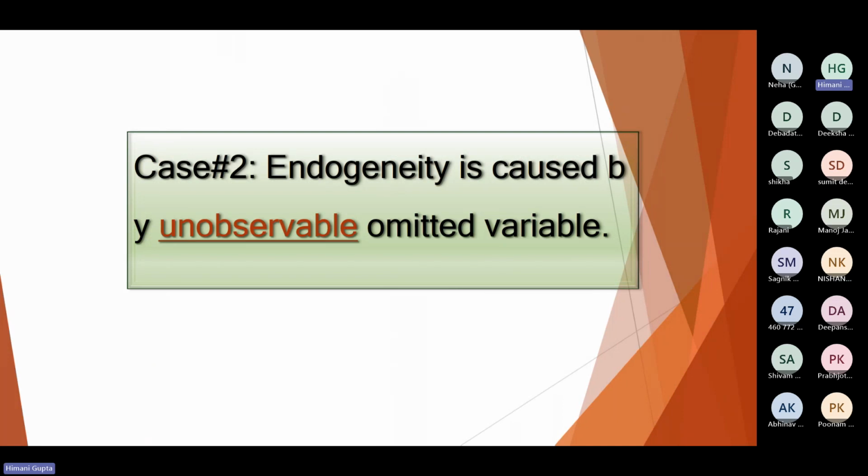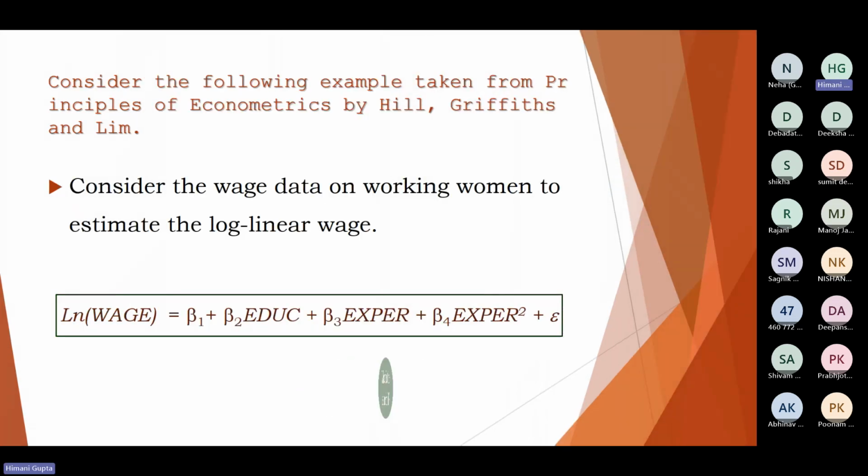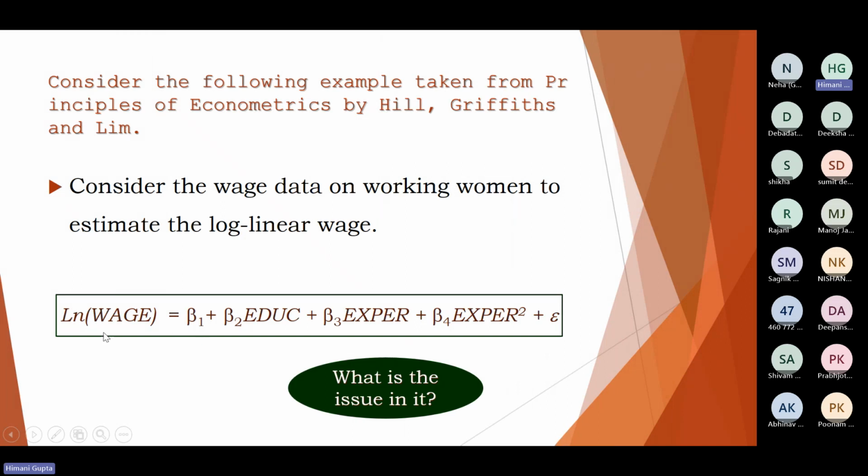But what are we going to do when your omitted variable is unobservable? So now see over here, the example I was giving you, that wage depends on education as well as experience. And you will see I have taken experience square because I know that as experience increases, wage increases, but it's not 100% sure that for each and every person, as experience increases, wage will also increase.